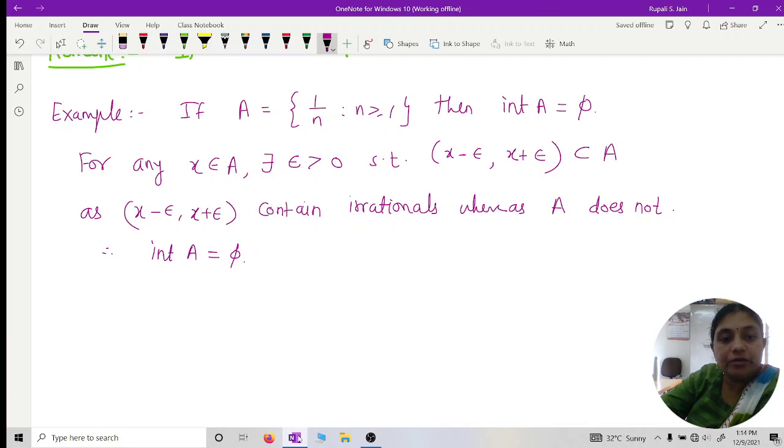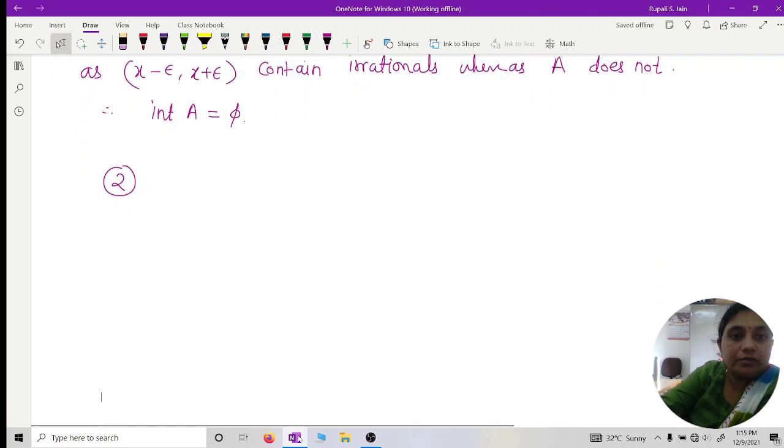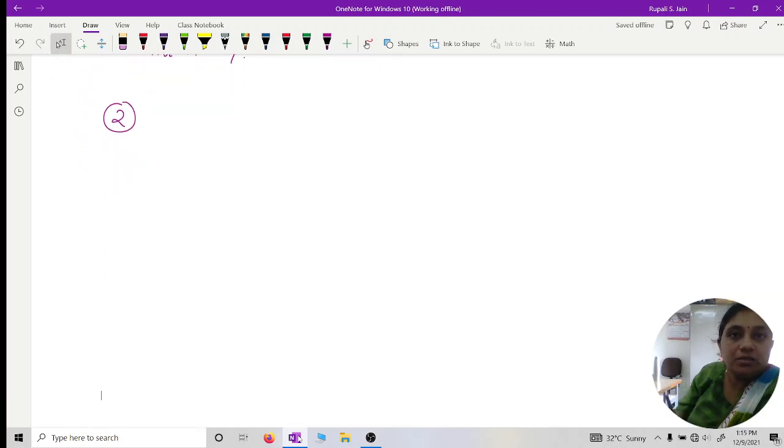Okay, the set of rationals and the set of irrationals are dense sets. Now next example, you can write this as first, second. These are very important. On similar lines, what should be the interior of N?